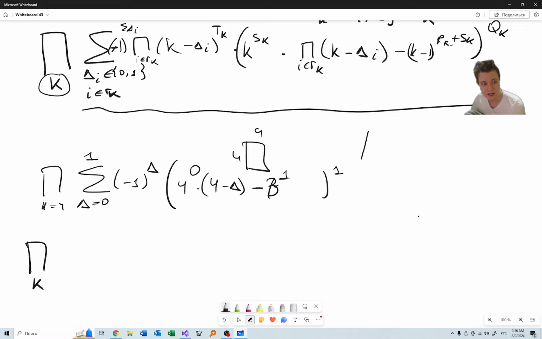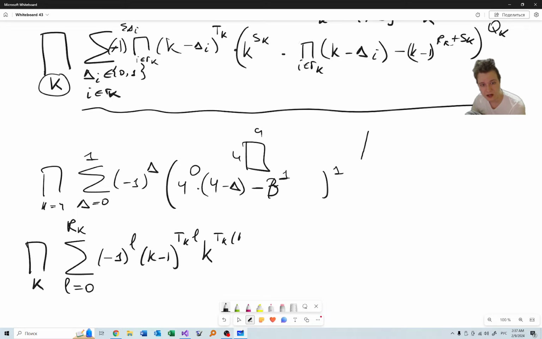Then let's assume that I chose L deltas, and I could choose them from 0 to Rk. Then I have -1 to the power L. Then I have this product, which is simply... So L is the number of chosen ones. So I have k minus 1 to the power tkl, and I have k to the power tk (rk minus l).